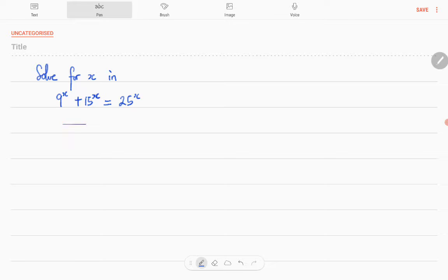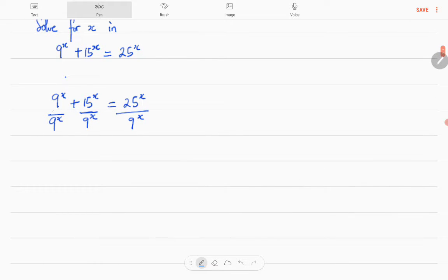First of all, now I'm going to bring it down here. 9 to the power of x plus 15 to the power of x is equals to 25 to the power of x. Now I'm going to divide all through by 9 to the power of x.